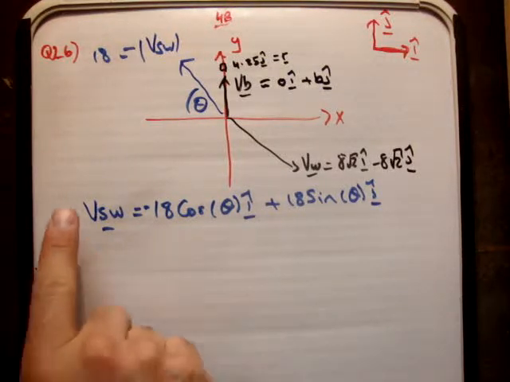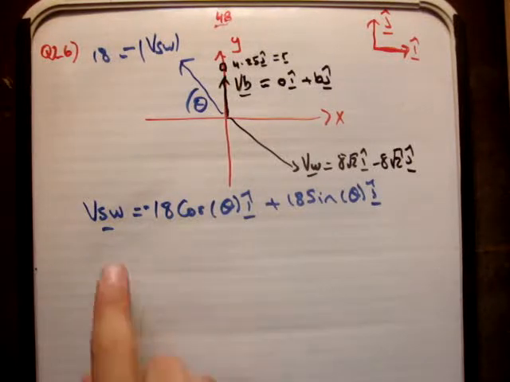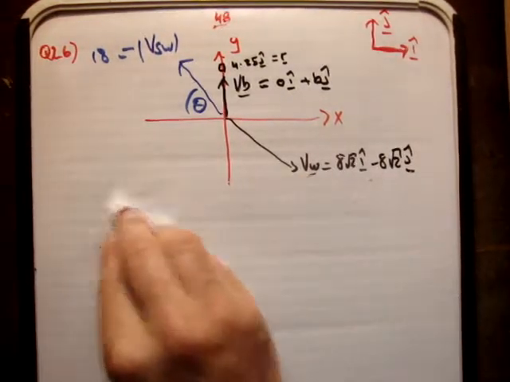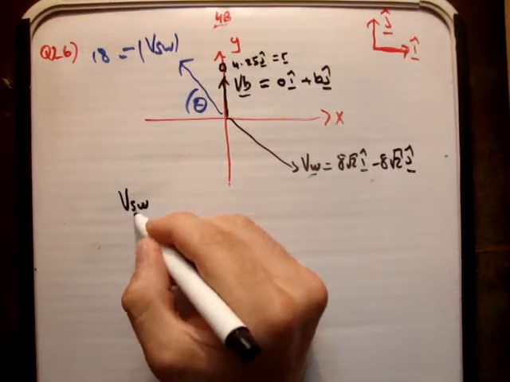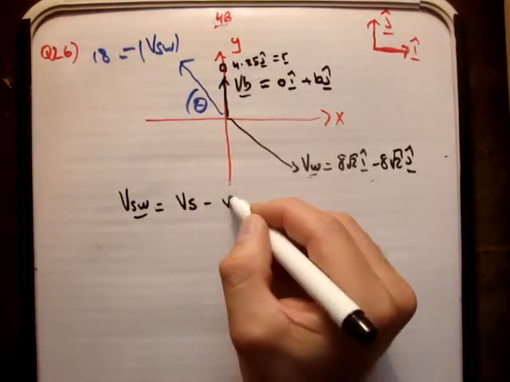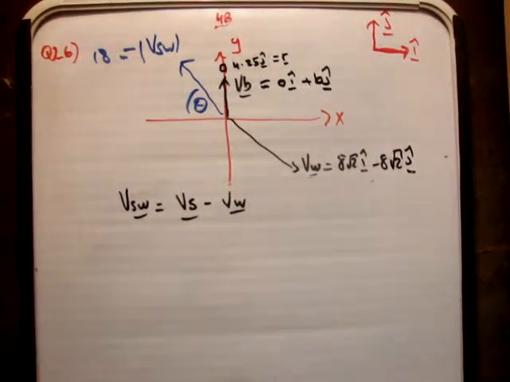So let's plug all the values we know into the fact that VSW is equal to VB minus VW. Let's get rid of this, and let's write the following. VSW is equal to VB minus VW, like so.